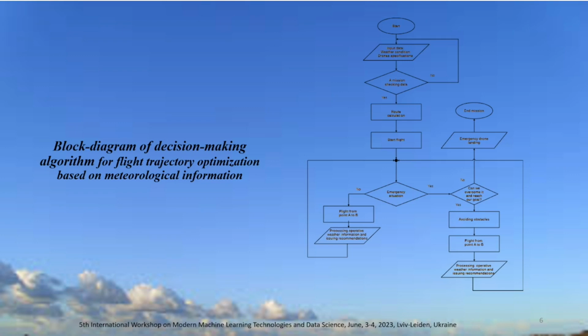In this picture, we can see a block diagram of decision-making algorithms for flight trajectory optimization based on meteorological information. The first stage of the algorithm is to collect information and prepare the drone for the task.